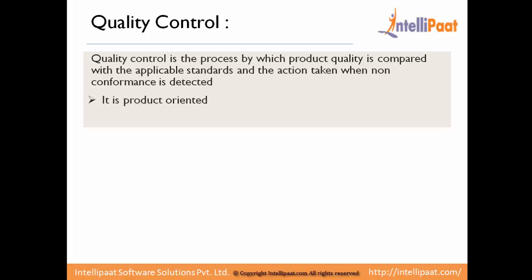The next item we will see is quality control, which is definitely very different from the quality assurance part that we just discussed. Quality control is the process by which product quality is compared with the applicable standards and action is taken when non-conformance is detected. This particular activity of quality control is product oriented.